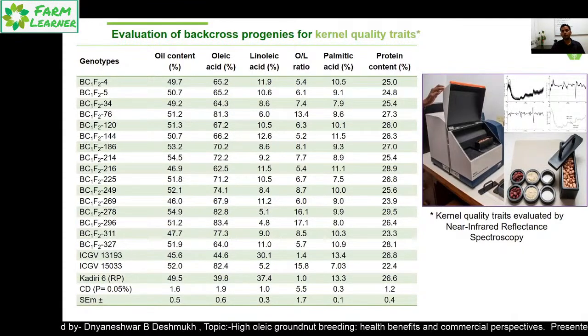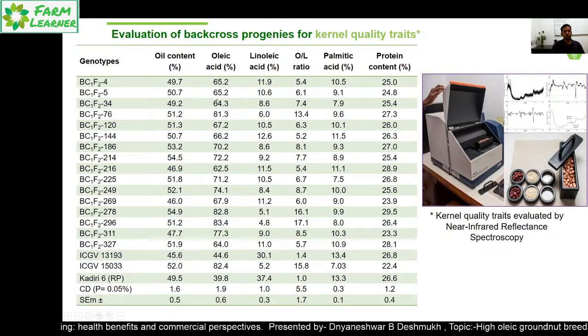It takes only 80 seconds to estimate the fatty acid profile and oil quantity, and that too in a non-destructive way. I repeat, non-destructive way, because non-destructive estimation is very important in the early breeding cycle, as we cannot afford many seeds and much time in early testing for biochemical estimation. That's how NIRS was very handy to identify oleic acid in these breeding lines.